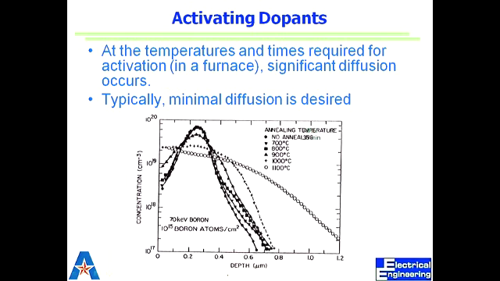There are 1,000 ways of asking about behavior here. For diffusion limited drive-in, with the process of time, my dopants are getting deeper, but the concentration is flattening out while traveling much deeper into the wafer, right?